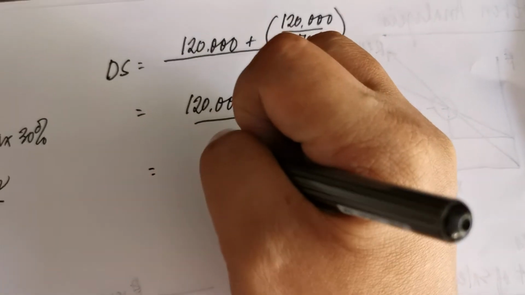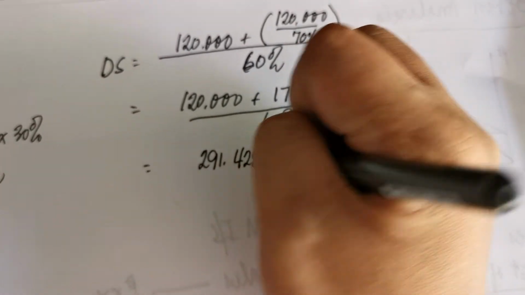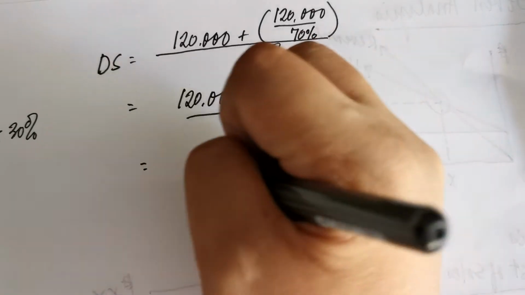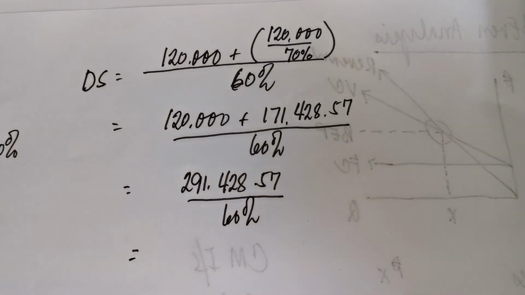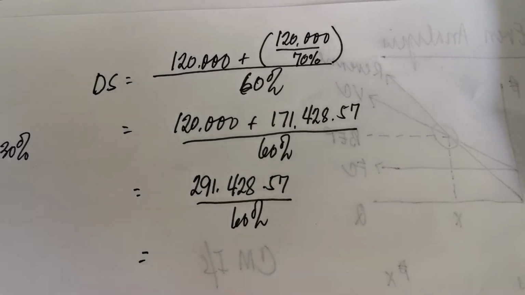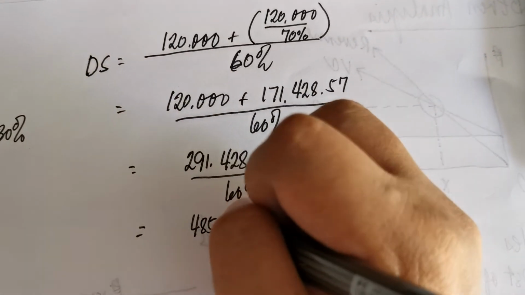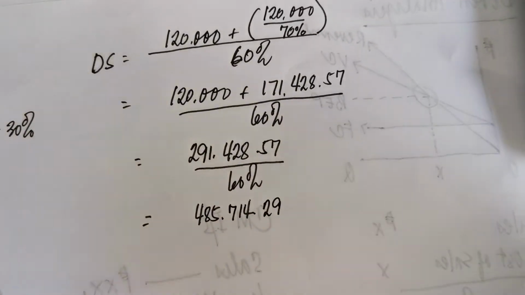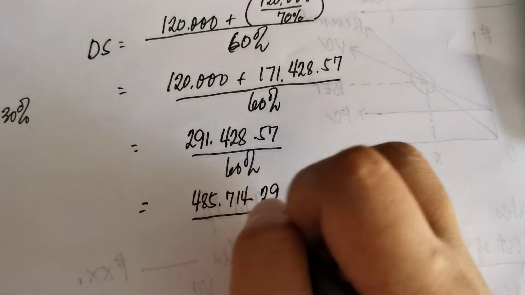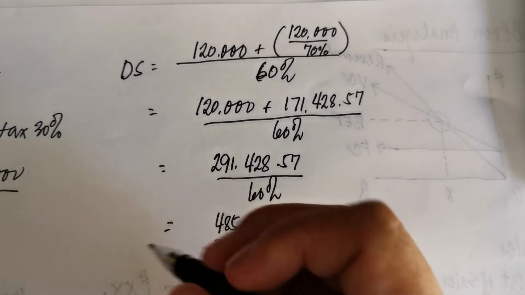That's going to be 291,428.57 divided by 60%. So therefore, the answer is 485,714.29. Since it's decimal, we might have a small difference later on, but we will still try to prove.